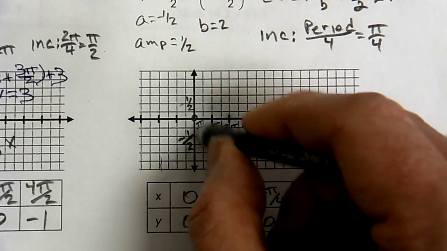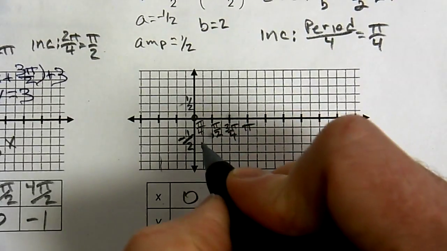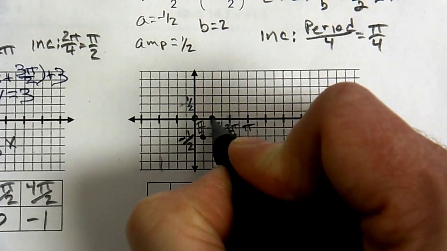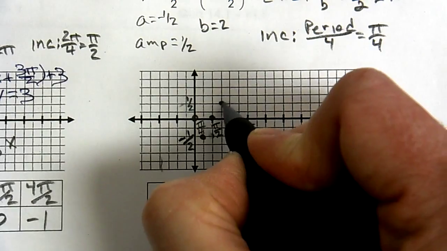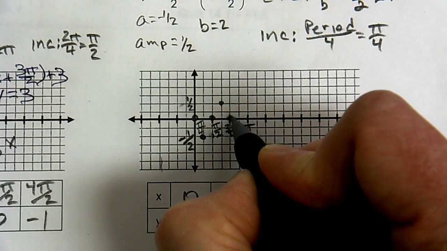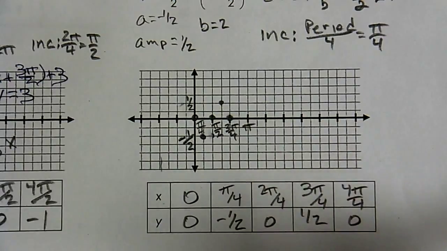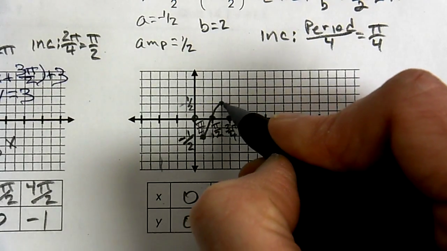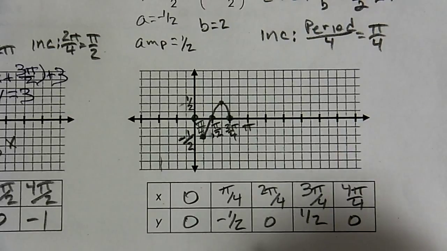Let me get those in the right locations. I'm changing my scale to work with the smaller numbers. So we're coming down, up, and finish.